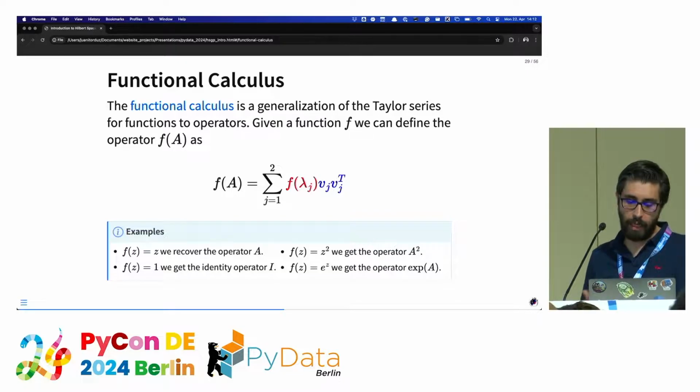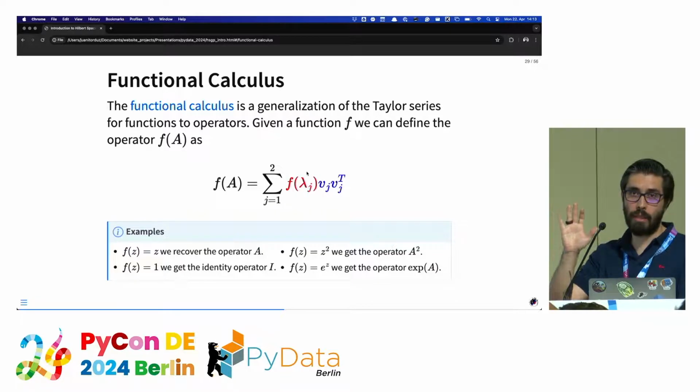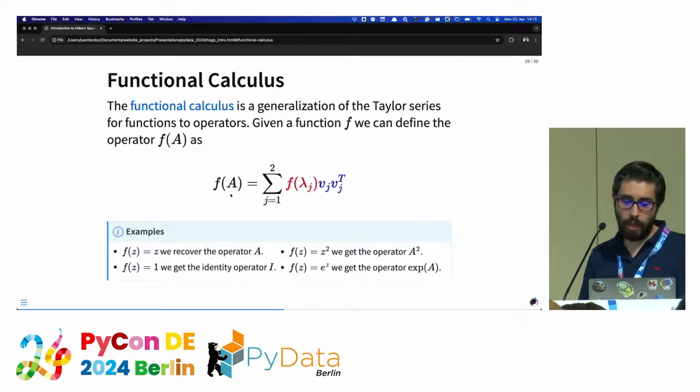But the most important thing about this is that if you have such a representation of an operator A, and you take a function of this matrix, let's say a square or an exponential, this is as simple as applying the function to the eigenvalues. Remember that multiplying matrices requires this game with the rows and columns, but here I'm telling you to just write the matrix as this spectral decomposition, and if you want to apply any function, the only thing you need to do is apply the function to the eigenvalues.